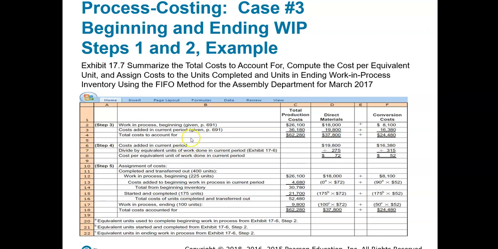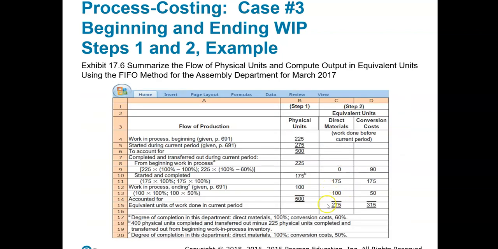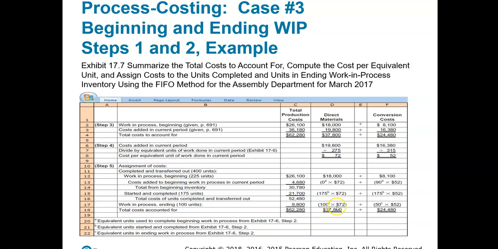So, unlike weighted average, I'm not going to take my total cost to account for. Under first in, first out, I'm only going to look at the cost added in the current period, which is $19,800. And I'm going to divide that by the equivalent units of work done in the current period, 275, which we figured up here in step 2. And then I'm going to get my cost per equivalent unit.